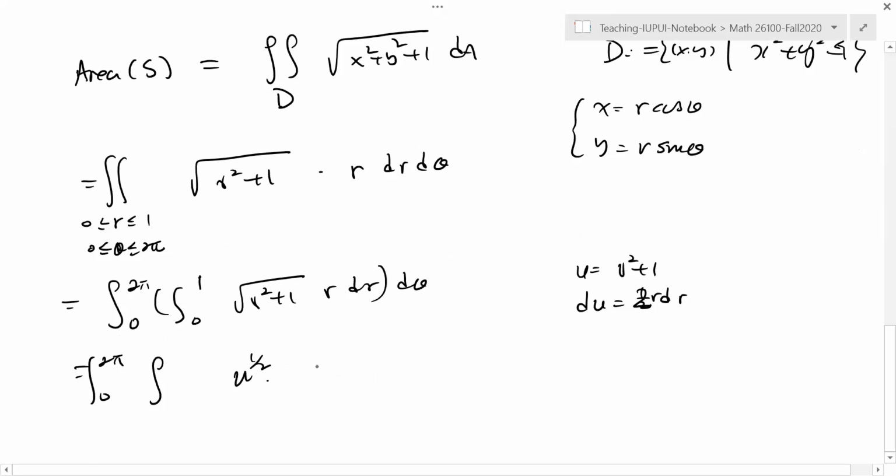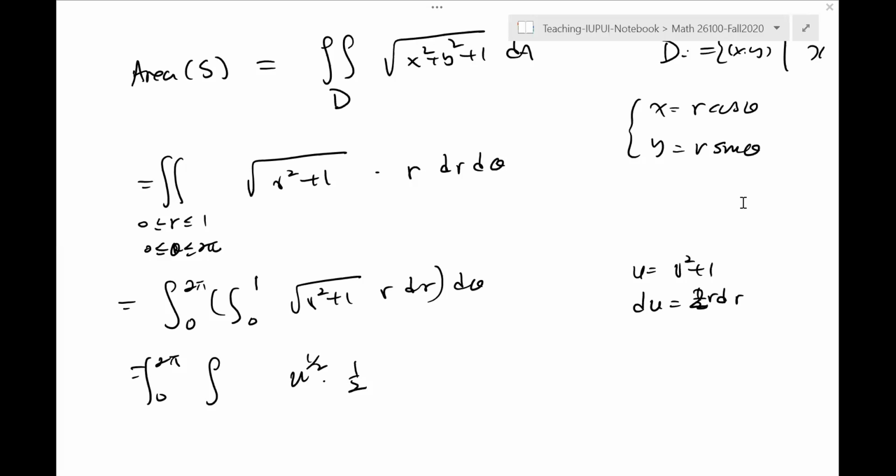Now the function is u to the 1/2, times half of du, with u going from 1 to 2.